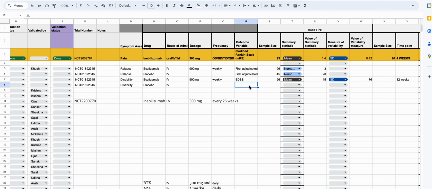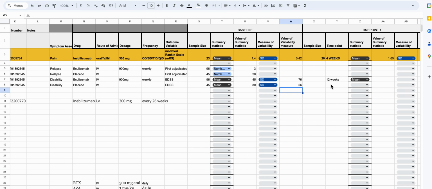But over here, if we are assessing EDSS, then it would have some mean, right? So for example, if the mean over here is 80, and the standard deviation of this group is 56, then this is the data, and this is how we would enter it. Over here we would again write the sample size.